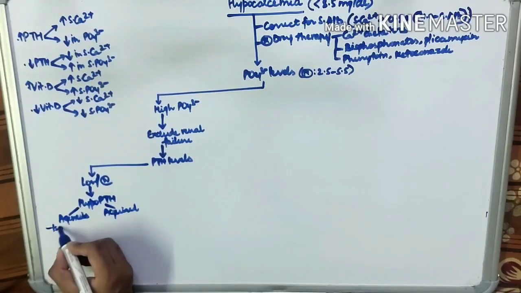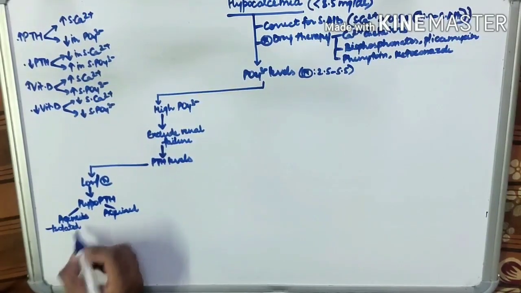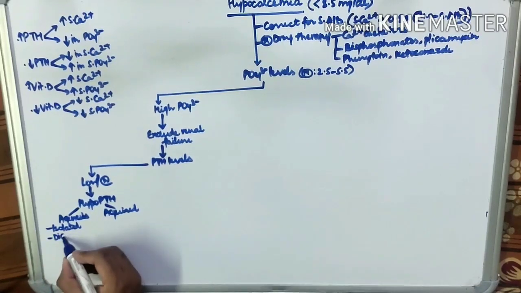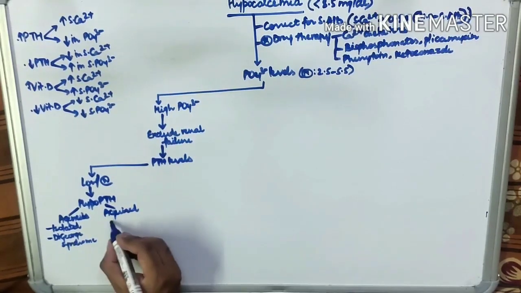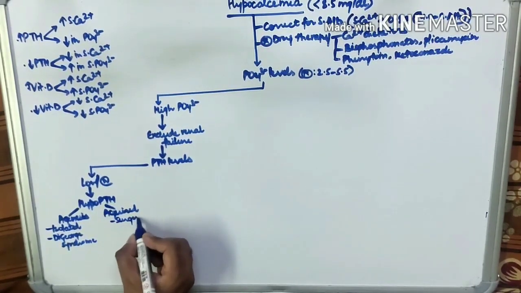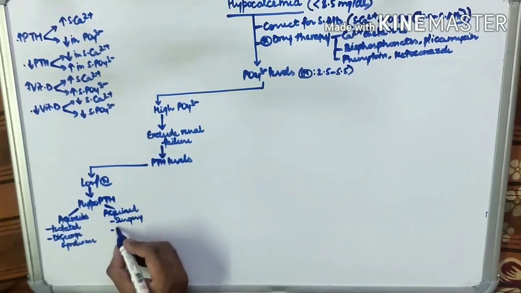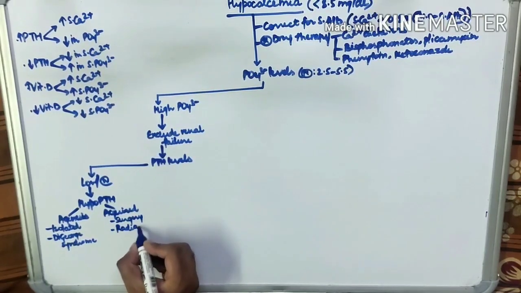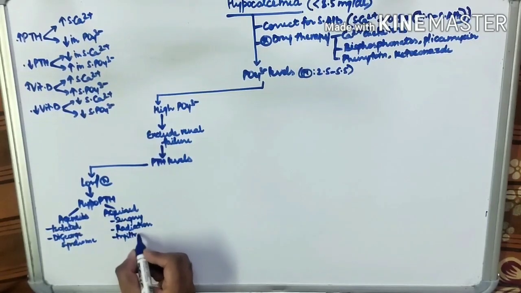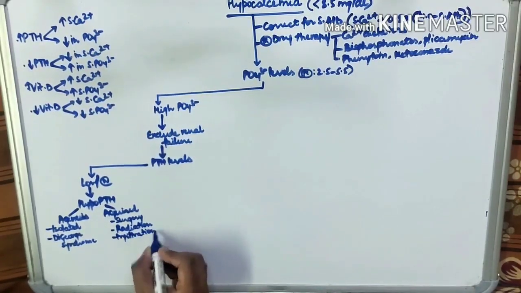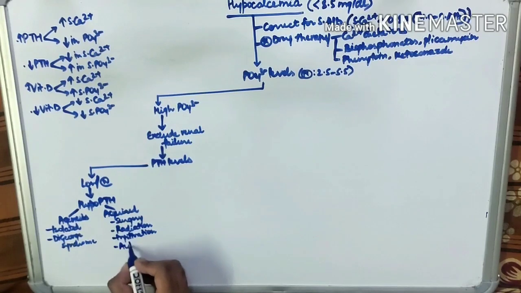Agenesis could be isolated or as a component of DiGeorge syndrome. Acquired causes, the important causes are surgical removal, radiation therapy, infiltration by metastasis and systemic disorders, and of course autoimmune etiology.